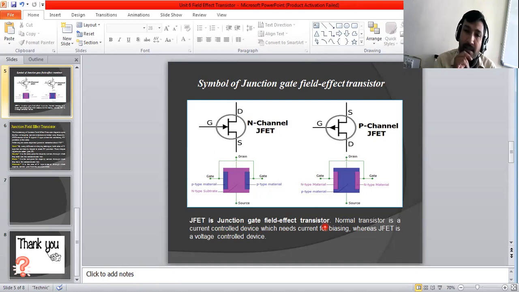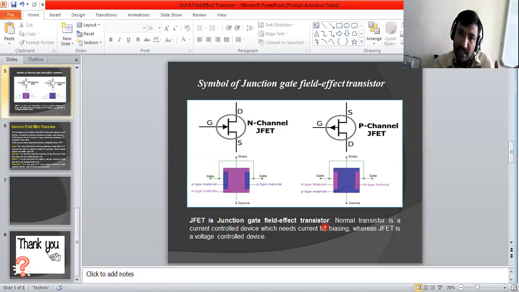It is a mediator, a key to pass the current or voltage from emitter to collector. What is the function of the collector? It collects the charges received from the emitter. And what is the function of the emitter? To emit the charge carriers. Very good.